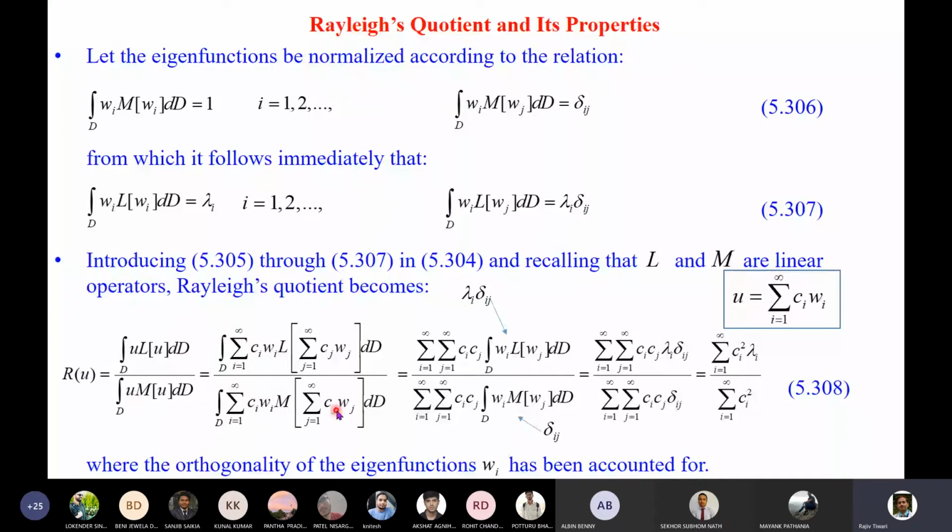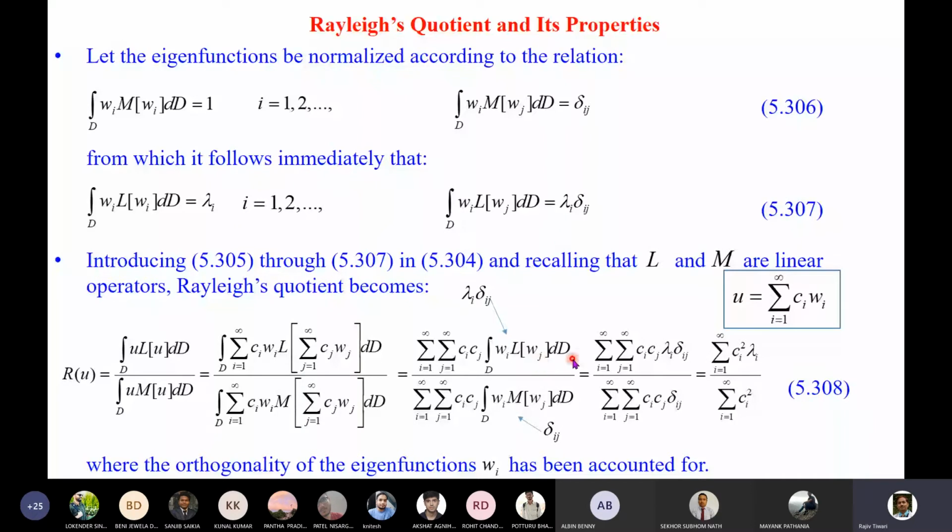Now, because the integration and the summation operator can be interchanged, we keep the summation outside and bring the integral inside. So you can see summation with respect to i, summation with respect to j. Ci and Cj are constants, so they come out of the integration, and whatever is left is Wi, the L operator on Wj, dD.